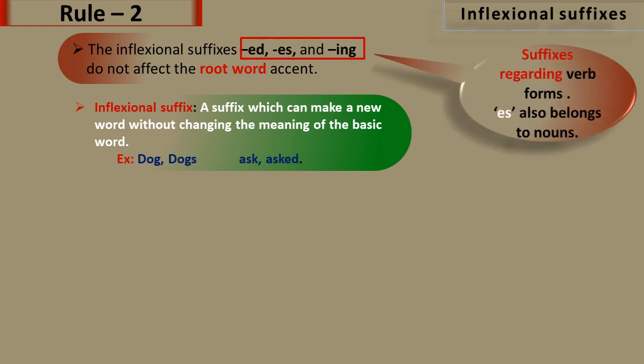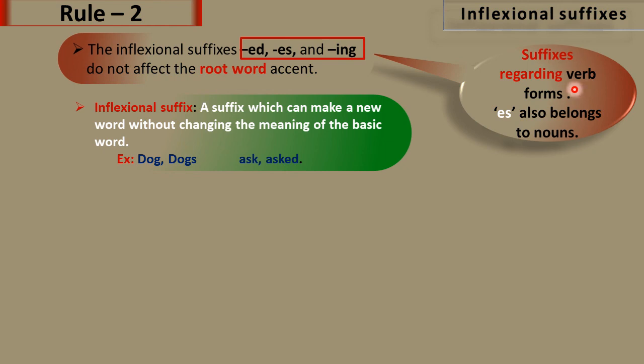Here ed, es and ing, all these are inflectional suffixes, but these inflectional suffixes are regarding verb forms. Remember, these inflectional suffixes are especially about verb forms only. These are used to make verb forms. Do you know verb forms? How many verb forms are there?